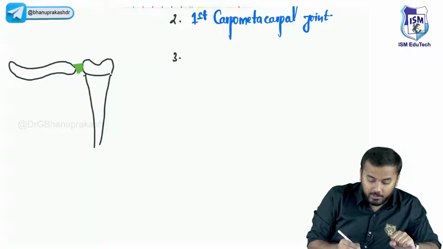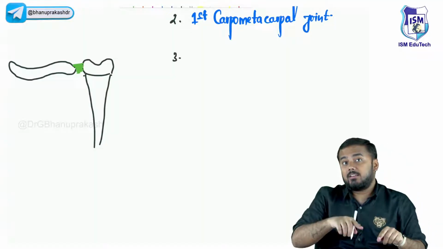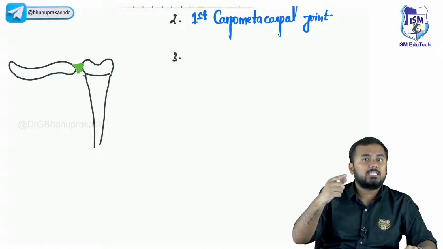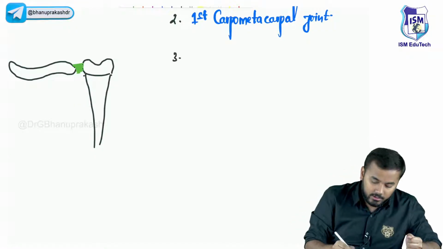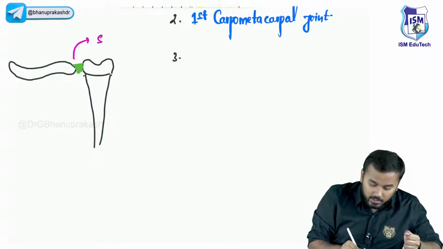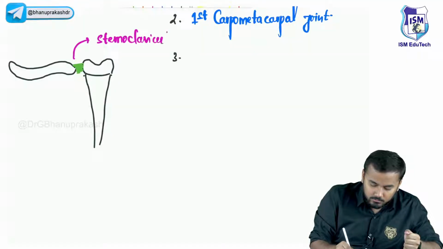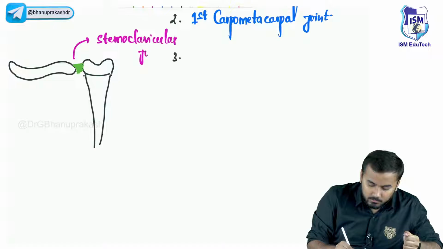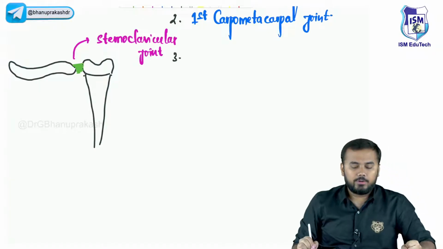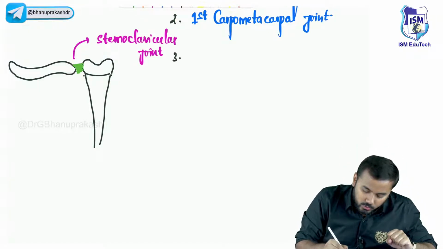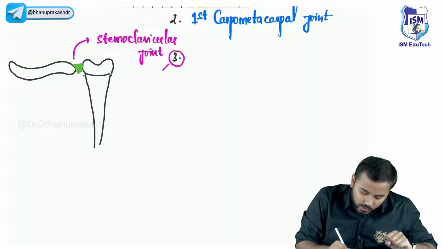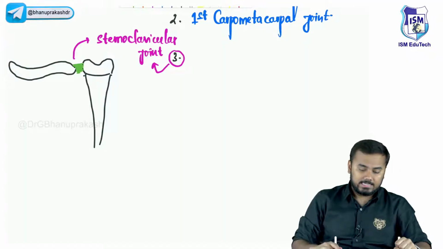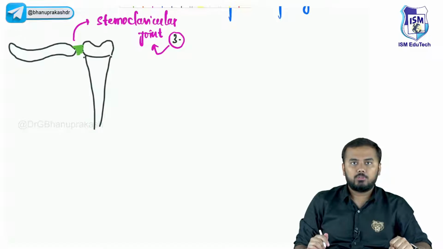If there is a joint between sternum and clavicle, combining both words, can I call it a sternoclavicular joint, right? Sternoclavicular joint is also a type of saddle joint.